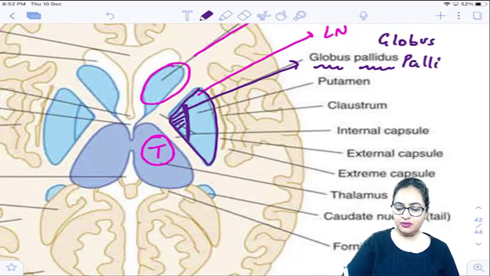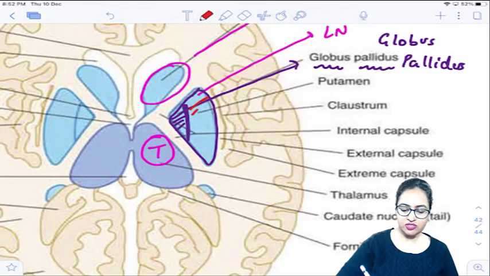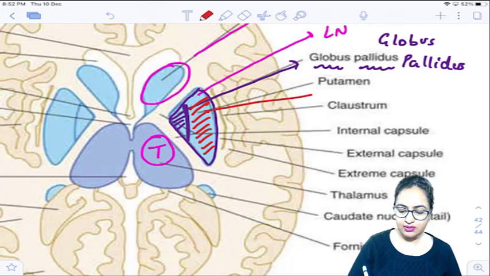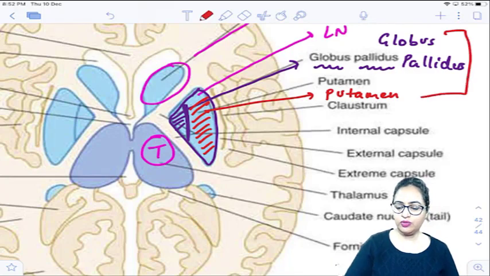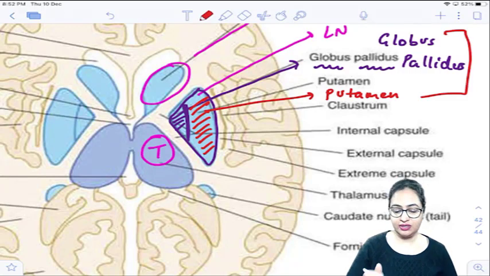Globus pallidus, and the portion on the lateral aspect is termed the putamen. Both globus pallidus and putamen together form the lentiform nucleus. Apart from this, we have also identified the internal capsule.